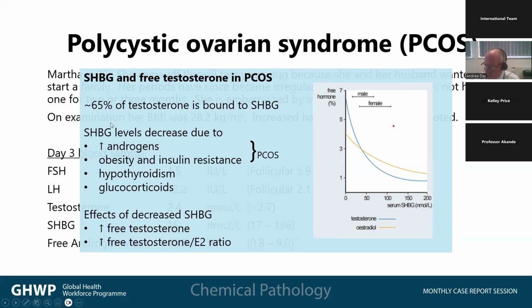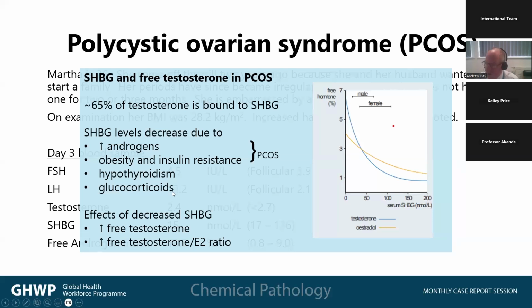Furthermore, SHBG is very sensitive to insulin responsiveness and insulin resistance. So patients with insulin resistance or obesity will have low levels of SHBG. There are some other causes, hypothyroidism and glucocorticoid therapy, principal amongst them.